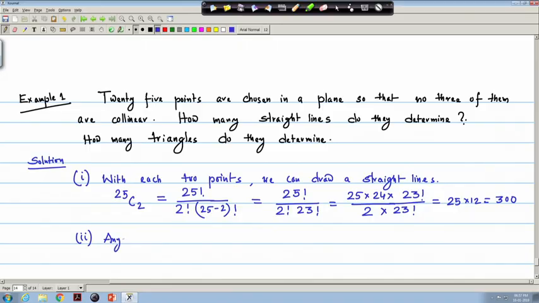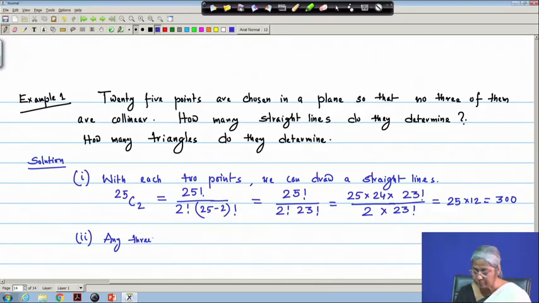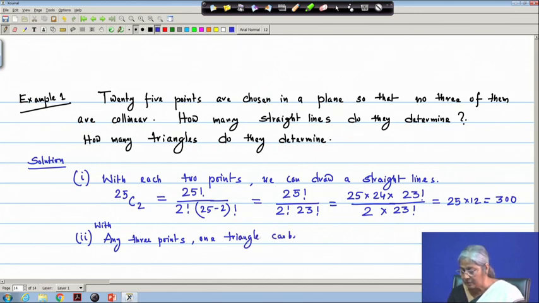The total number of combinations is simply 25C3, computed in a similar way.